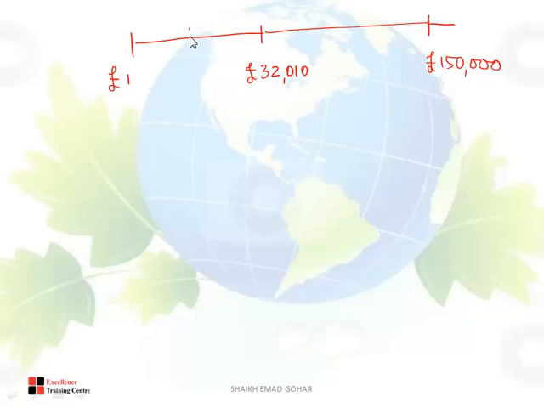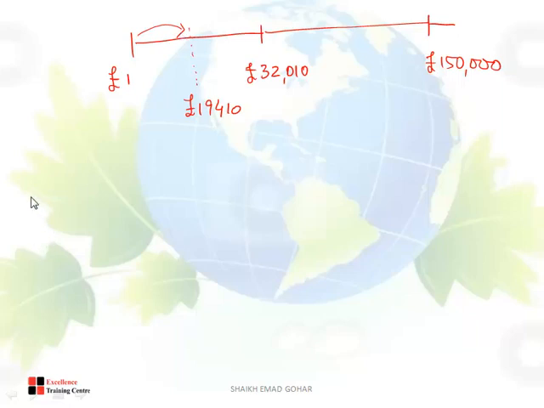It means somewhere here. So this much is used already. How much is available in the basic rate band?